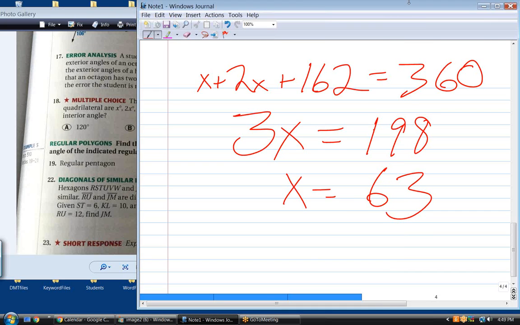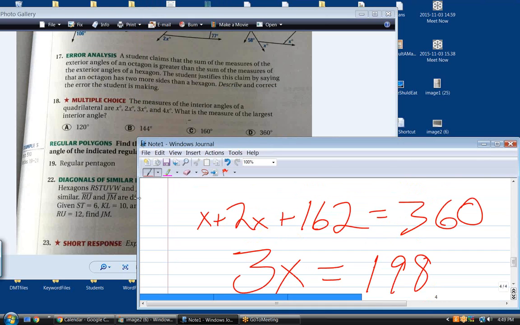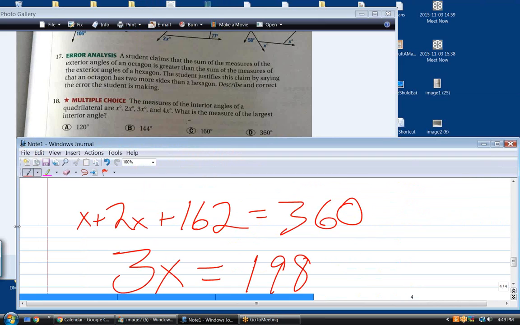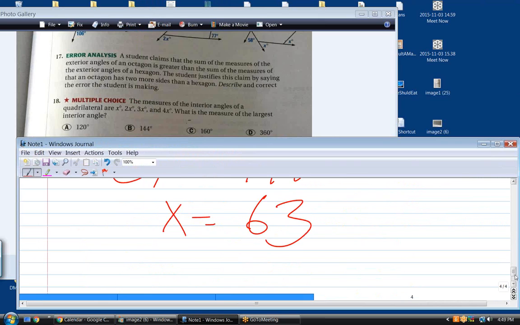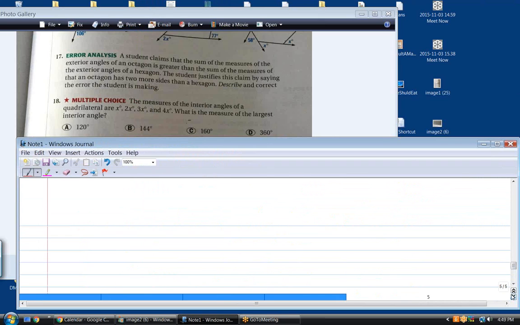So when you're trying to solve these, always look to set up an equation. The goal is always what equation can we write and then solve it. That's why algebra is 50% of geometry, because you always end up with an equation that you then have to solve.